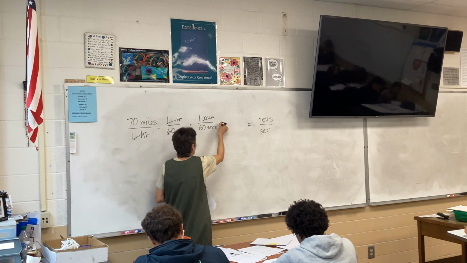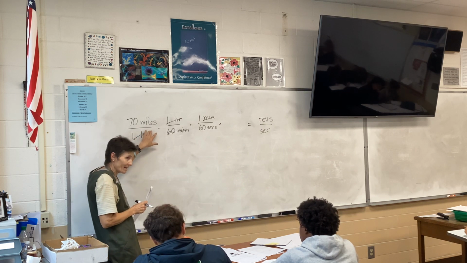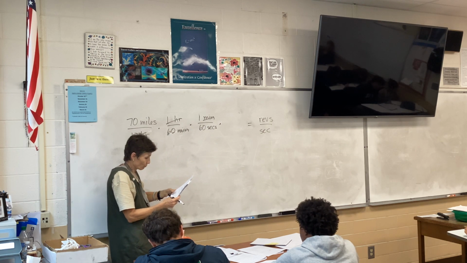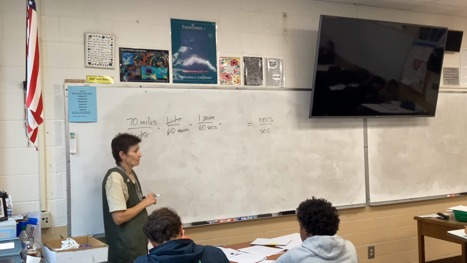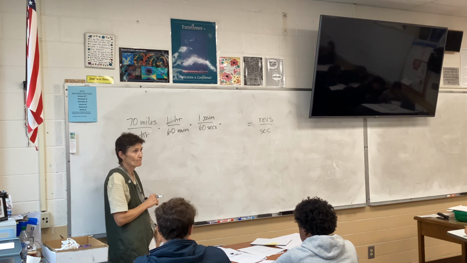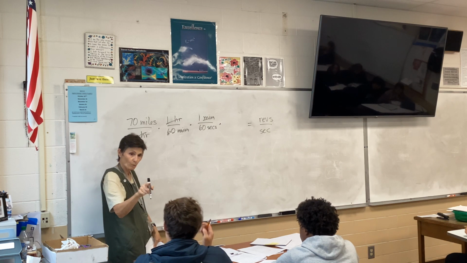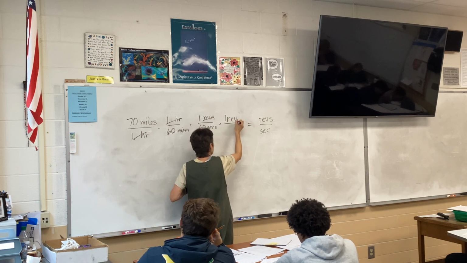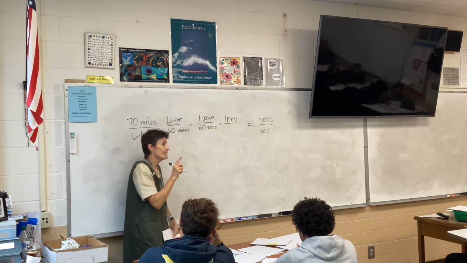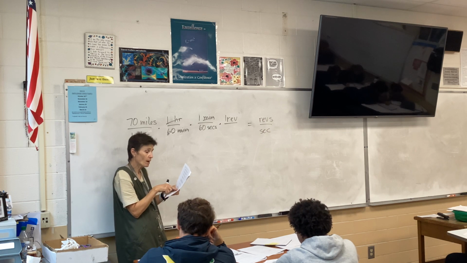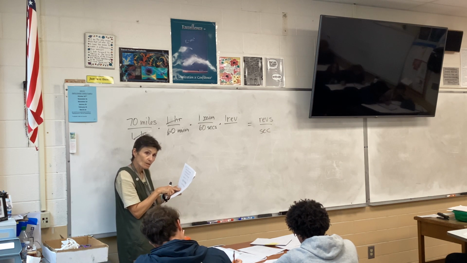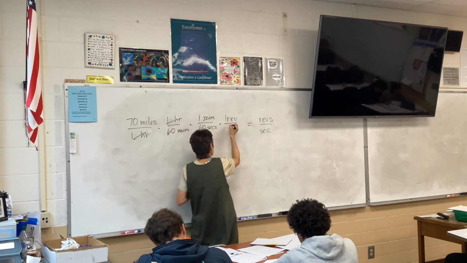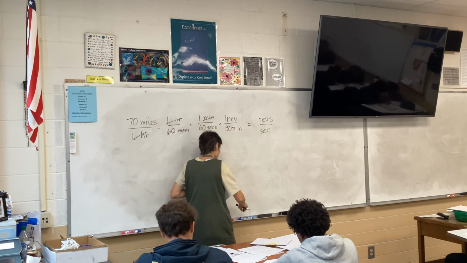All right. Now, I've got miles, and I need to get to revolutions. So a revolution is a circumference. So I'm going to say 1 revolution is 1 circumference. Now read the question. What is the circumference of this tire? 30 pi inches. So 1 revolution is 30 pi inches.